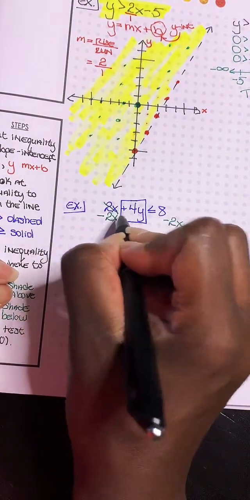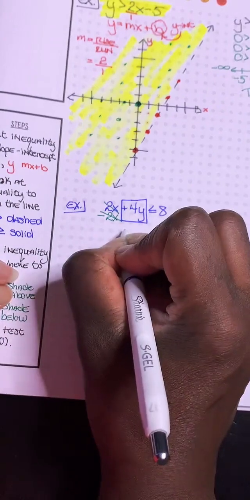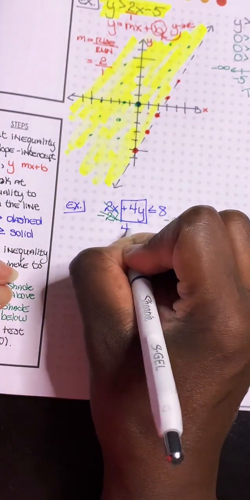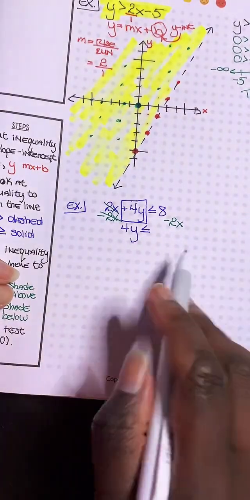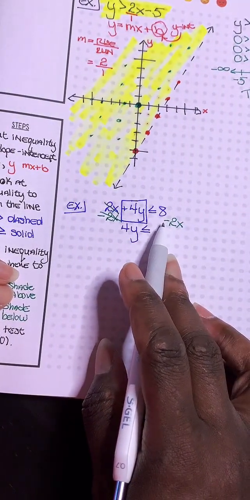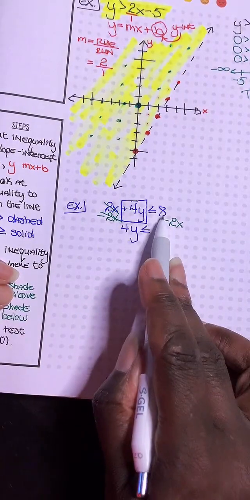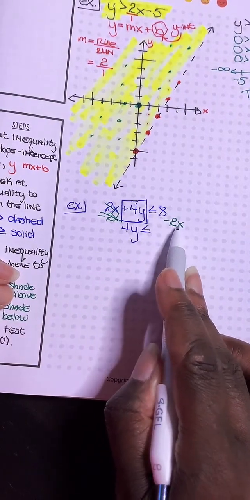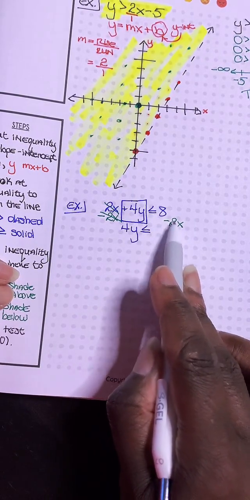Okay, so 2x minus 2x. So now we have 4y is less than or equal to, and don't tell me it's 6x, because it's not. That 8 doesn't have an x, but that negative 2 does, so they're not like terms.